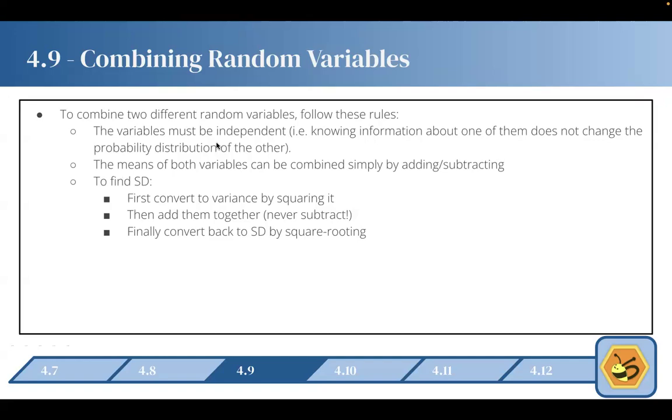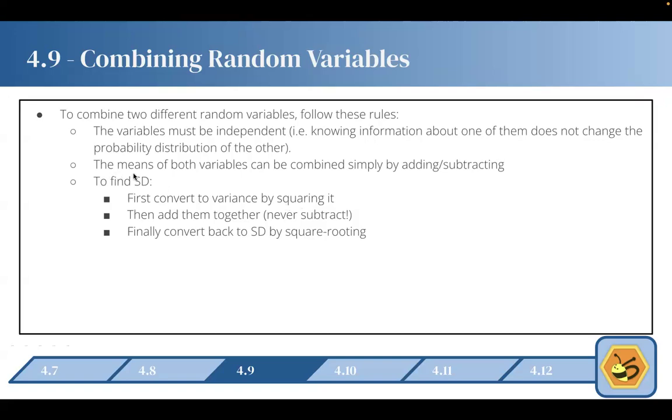If one variable is dependent on another, for example, if your grade is dependent on your class participation, thank you for whoever mentioned that one way back when, then it's going to be really difficult to combine them, because one depends on the other. But if they're both independent, then we can combine them into a shared distribution. So they have to be independent.